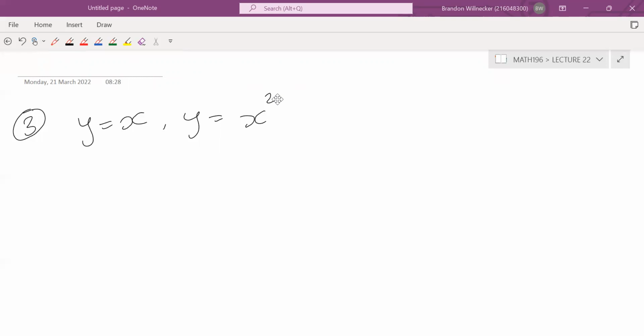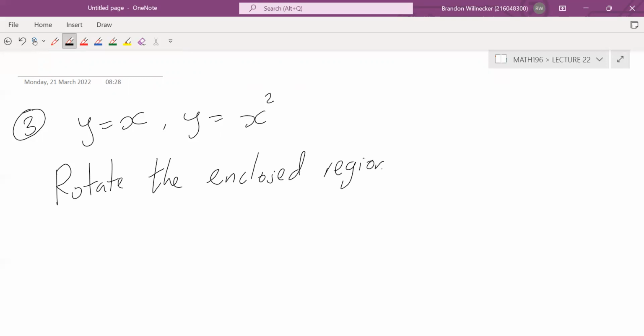In this case, it's the x-axis. So rotate the enclosed region about the x-axis. Okay, and then find the volume.